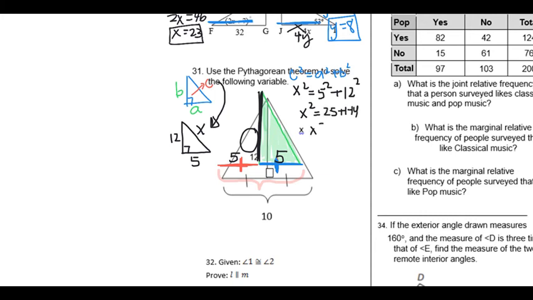So x squared is 169. And the opposite of a square is a square root, so I need to do that to both sides. So x squared, 169. The square root and the square will cancel, leaving me with x. And the square root of 169 on your calculator is 13. So we have found x.